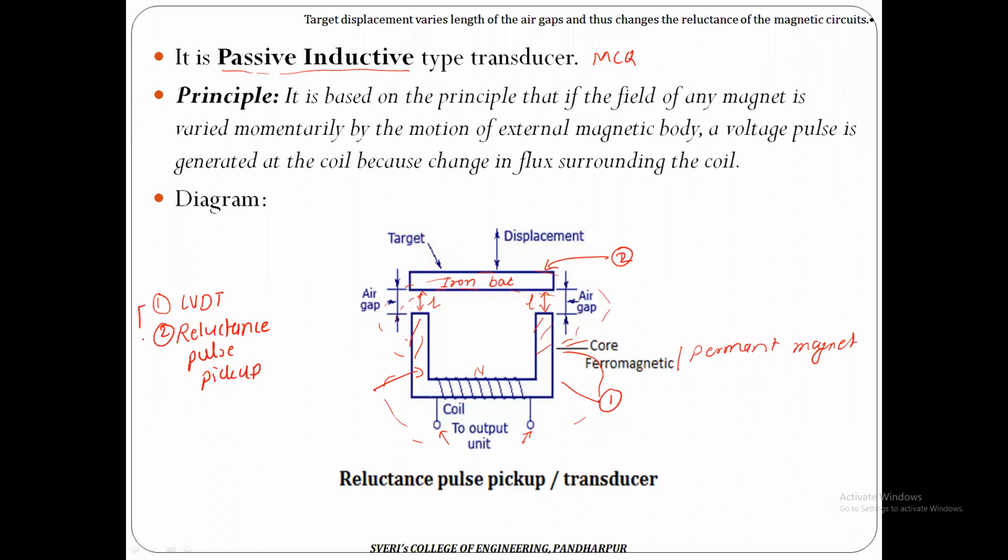And both these types of transducers are passive, inductive, electrical transducers, and both are used for the measurement of displacement. So please try to remember this summary point for both types of transducers.